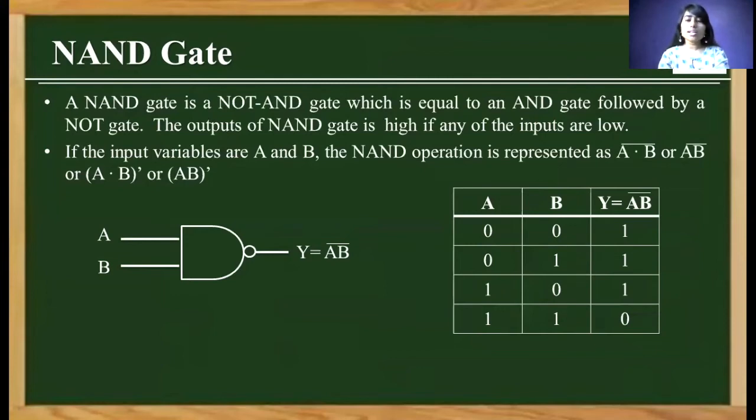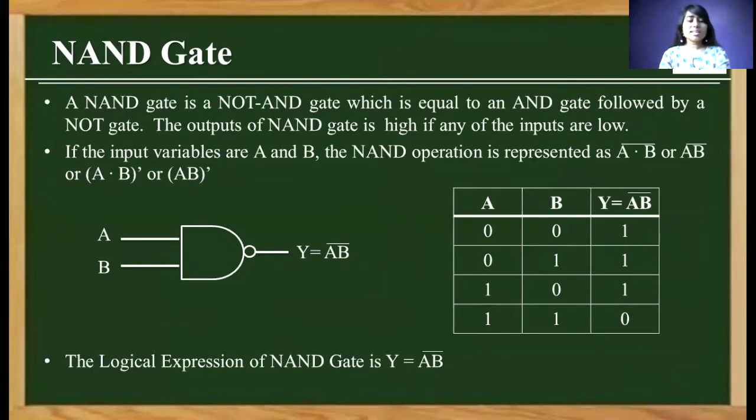Otherwise for all other conditions we have a high output, that means 1. For 0 0 we have 1, 0 1 we have a 1, 1 0 we have a 1, but for the 1 1 condition we have an output 0. The logical expression of NAND gate is Y equals AB bar.